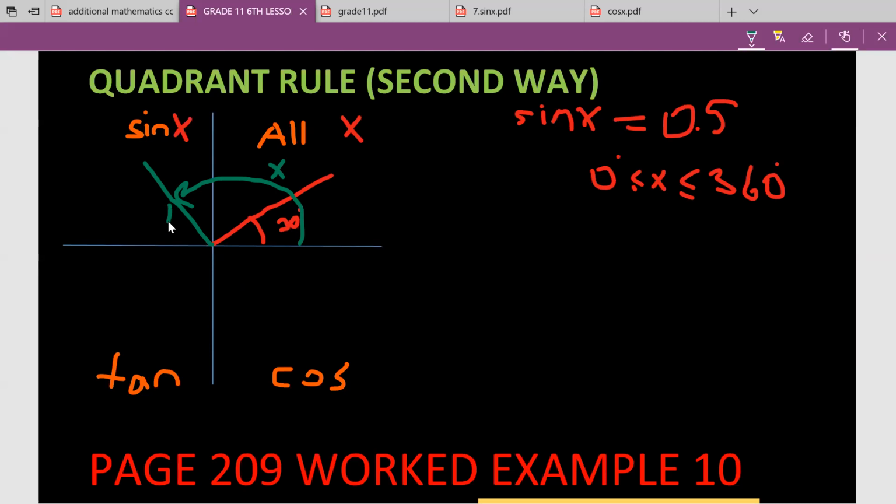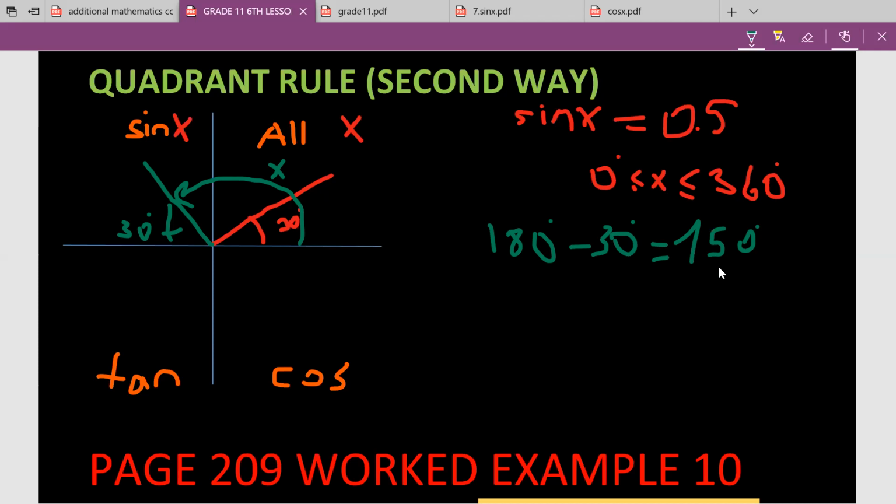What is it? It will be again 30 degree. So how do we find our second solution, this angle? We know here is 180 degree, and acute angle is 30 degree. 180 minus 30 degree equals 150 degree, isn't it?